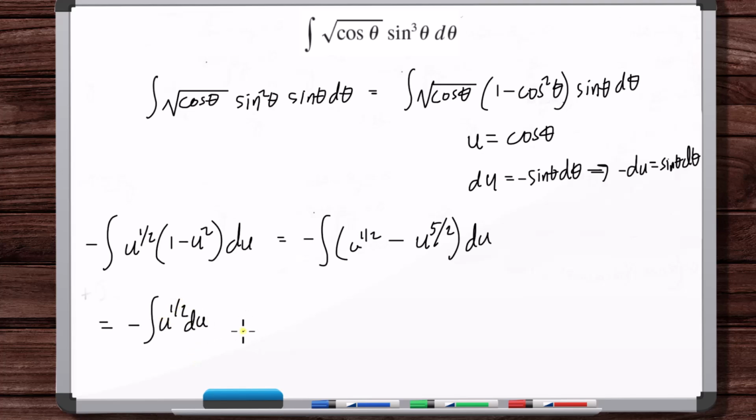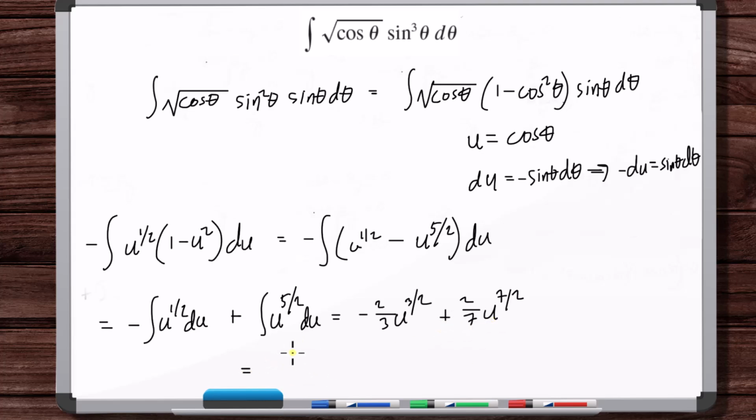And then plus, all right, 1/2 plus 1 is 3/2. u to the 3/2 over 3/2, so we got minus 2/3 u to the 3/2. All right, 5/2 plus 1 is 7/2. u to the 7/2 over 7/2 is 2/7 u to the 7/2. Okay, so let's put this to the positive first here.